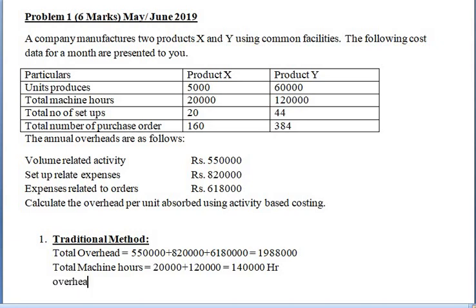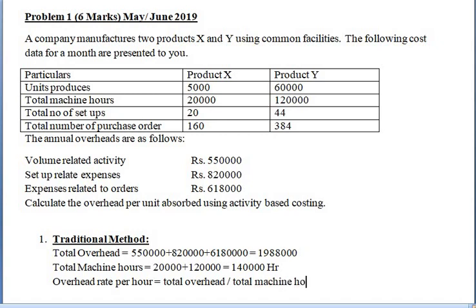Now calculate the overhead rate per hour. So total overhead divided by total machine hours.